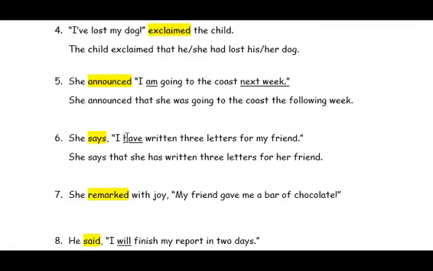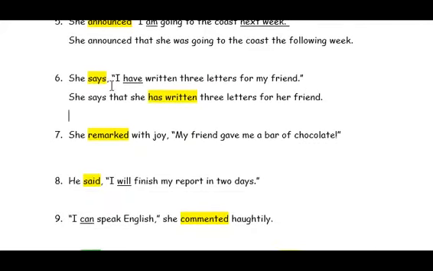Can you see how I changes to she? Says stays the same as says, all right? And everything in the sentence is in the present tense. Has written is in the present tense, okay? It doesn't make sense to say I has written. The present tense for when you want to say I will be have, right? Not has.